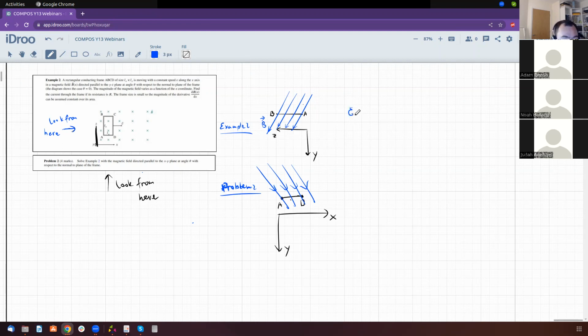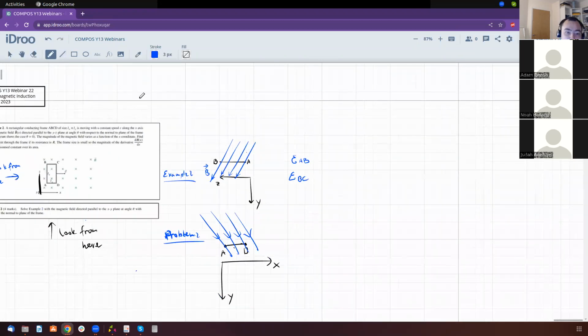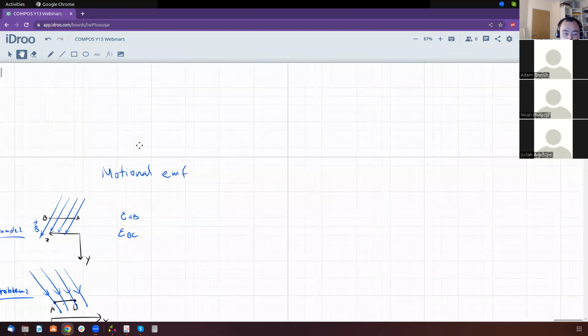So EMF in AB. And well, let's consider all of them. EMF AB, EMF BC. So we're using the motional EMF.